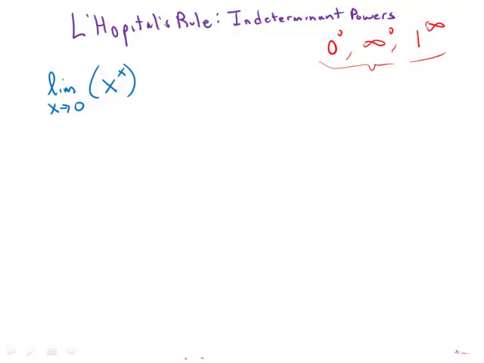And when you have an indeterminate power, what we need to do is take a logarithm before we're able to take the limit and before we're able to apply L'Hopital's rule. So for example, let's say that this function f of x is x to the x.